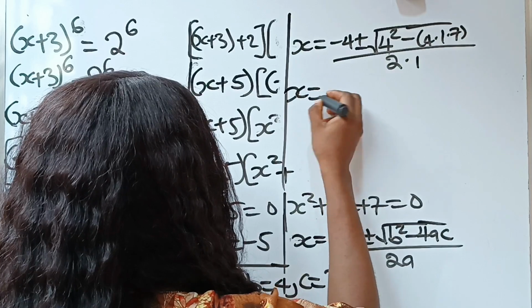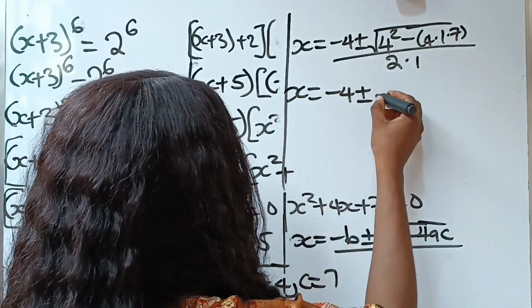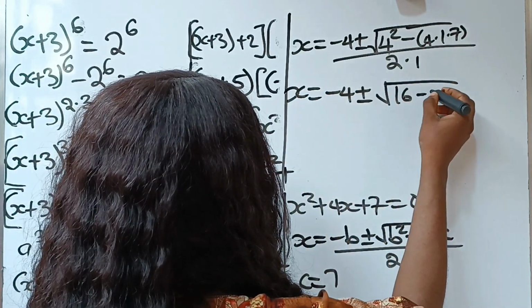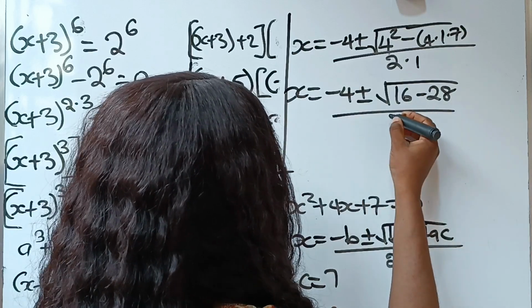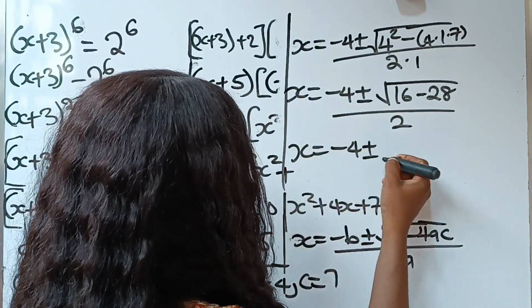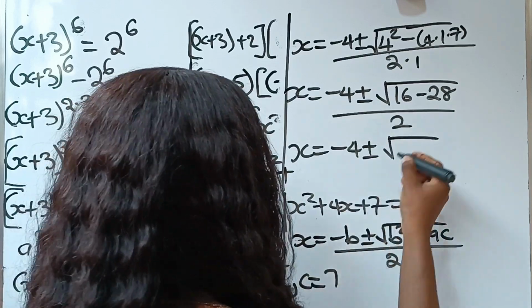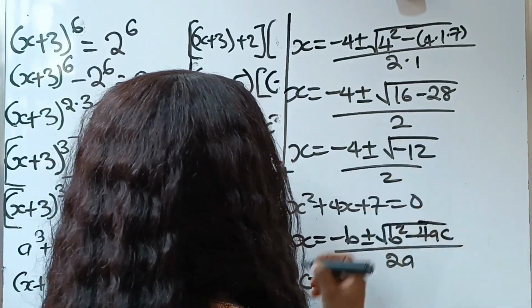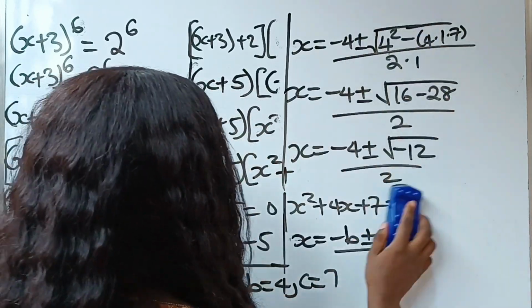So we have that x is equal to −4 ± √(16 − 28) divided by 2. So our x is −4 ± √(−12) divided by 2.